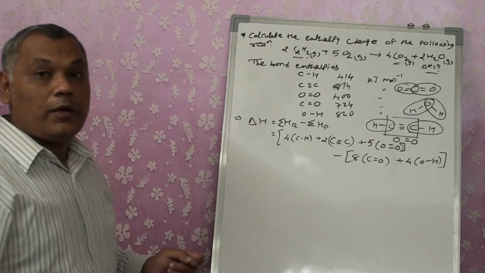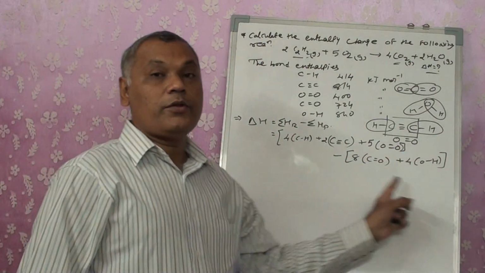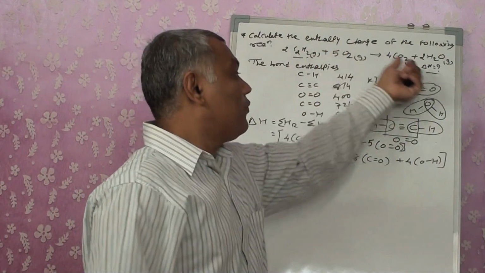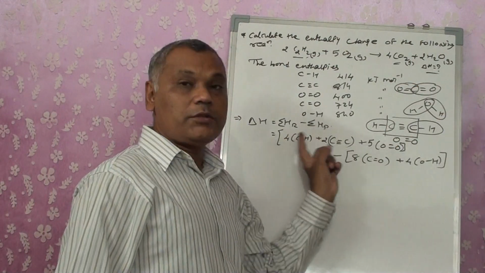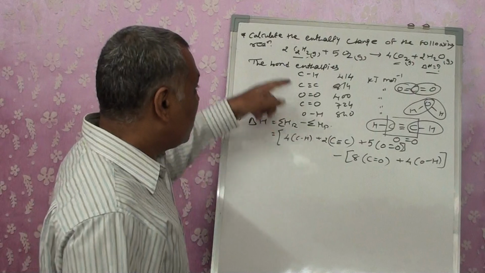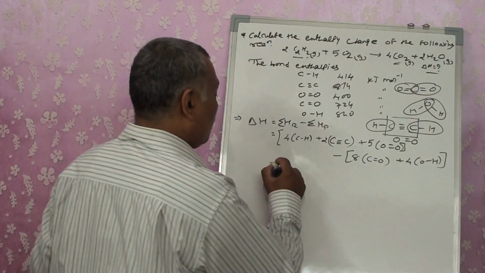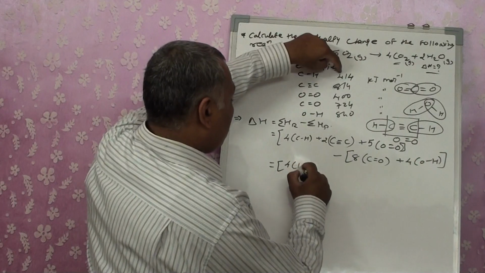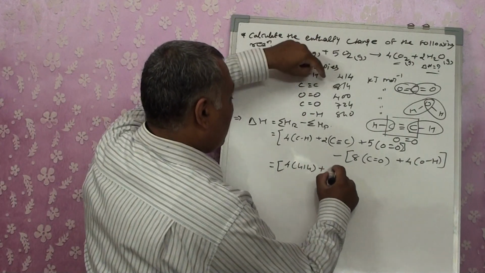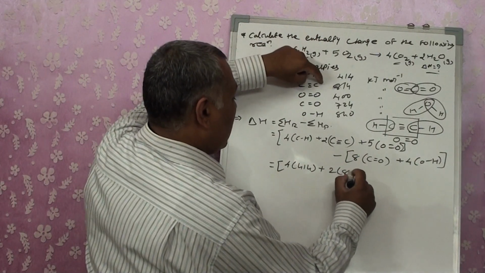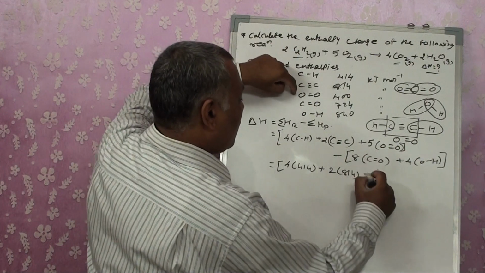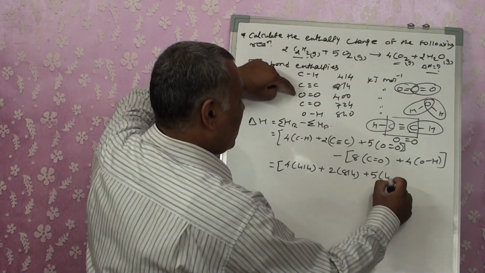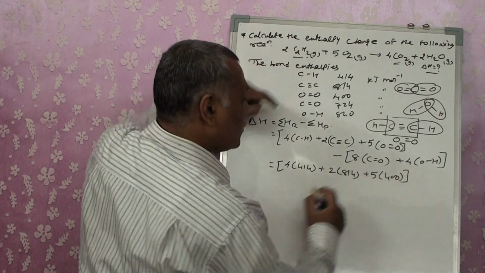We want to calculate using the bond enthalpies that have been given. We will find out the structure, calculate the number of bonds, and then put in the values accordingly. Now we have 4 C-H at 414, C triple bond at 814, and O double bond O, with the values given to us.